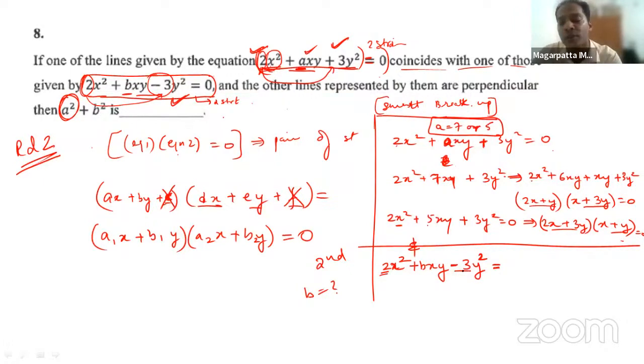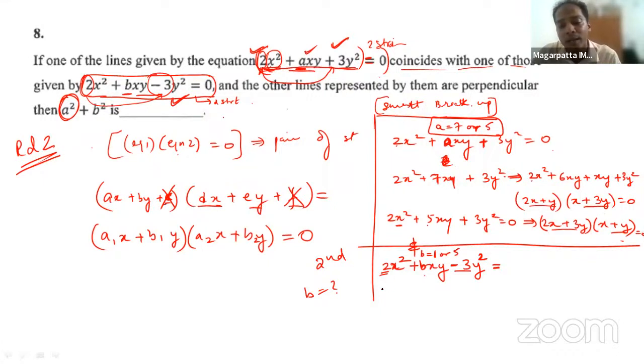So two numbers whose difference is b, and the multiplication is 6. So 2 and minus 3, it could be 1. 2 and 3 have a difference of 1, or it could be 1 and 6. Two numbers whose multiplication is 6 and the difference is the middle term b. So the difference could be 5 also.